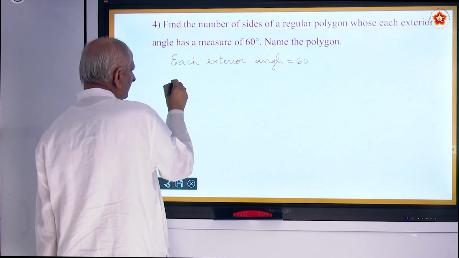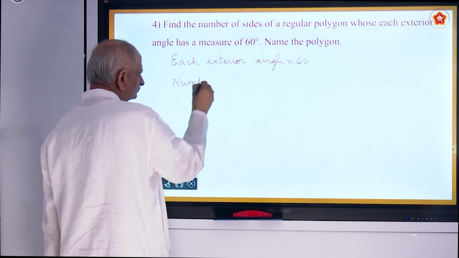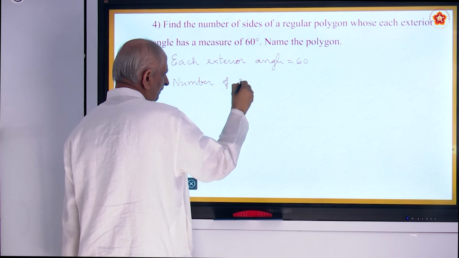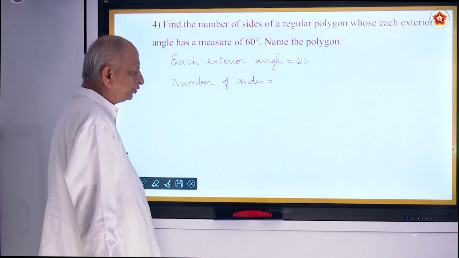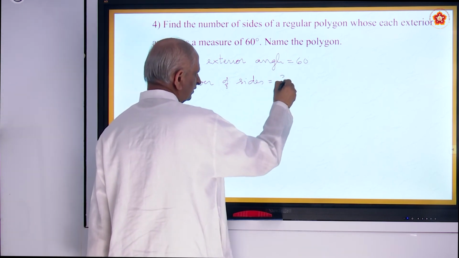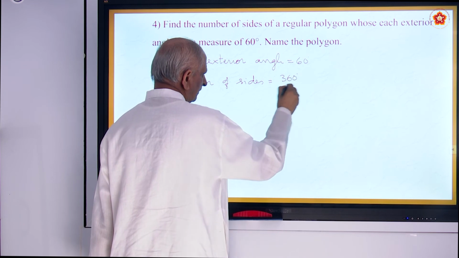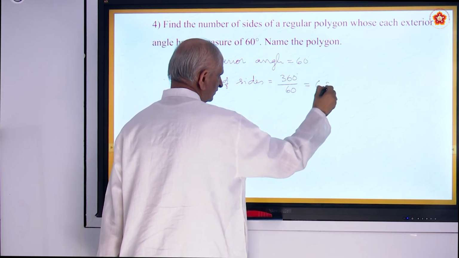Now they are asking the number of sides. Well, the sum of the angles is 360 by 60. That is equal to 6 sides.